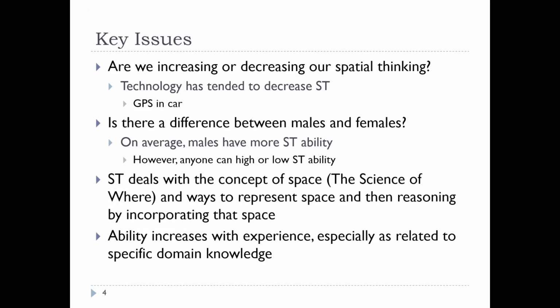The key example is certainly the GPS in our cars, but Google Maps or any other kind of mapping app, or just so many things that have taken the place of us having to think through the spatial process, where we have some technology do it for us instead. I think we have to be a little bit wary of that at this point and fight against that to keep our spatial thinking abilities.